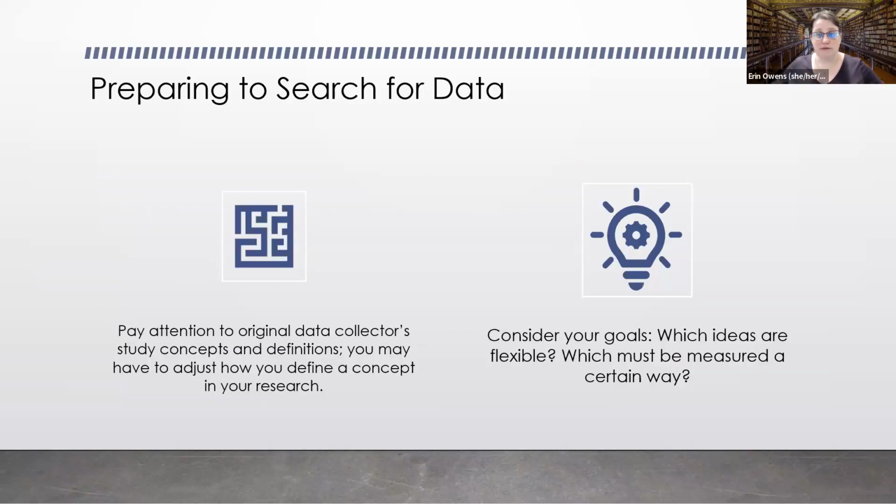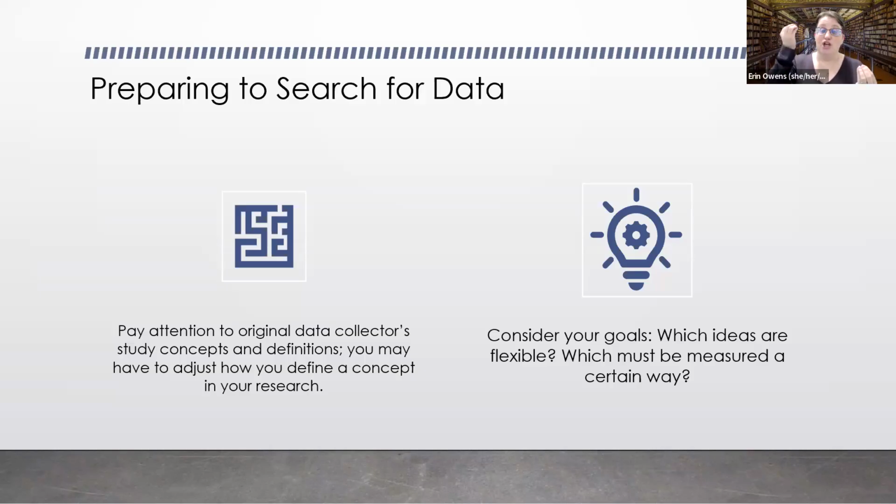We want to be sure we pay close attention to the original data collector's concepts and definitions. We need to consider our goals and decide, are there any concepts in my research question or my planned analysis approach that are flexible? So I was planning to think of this concept this way and measure it like this, but this person did it a little bit differently.